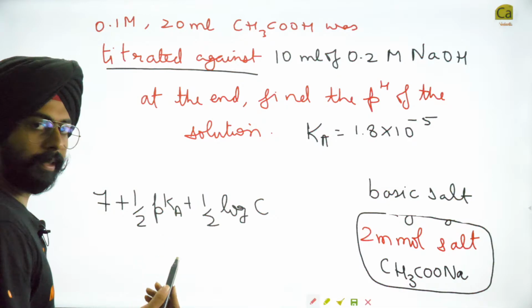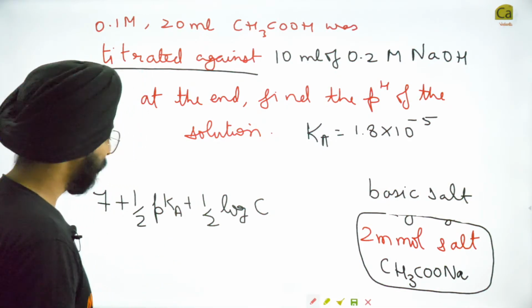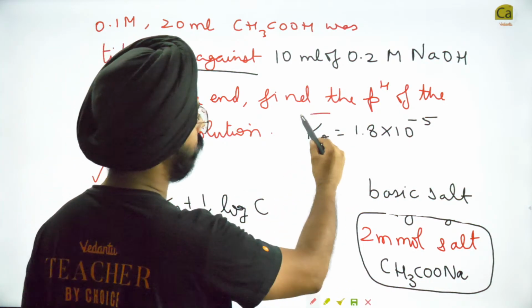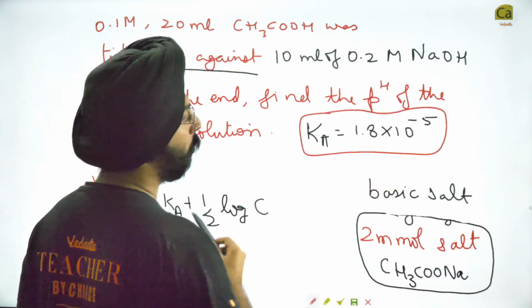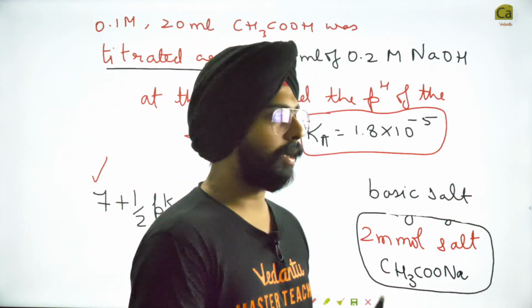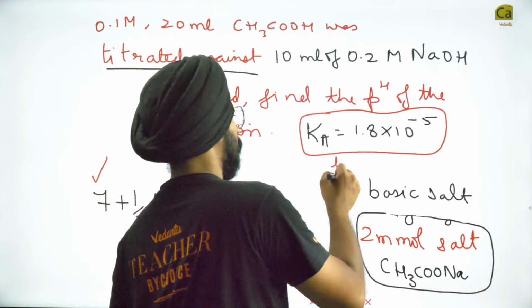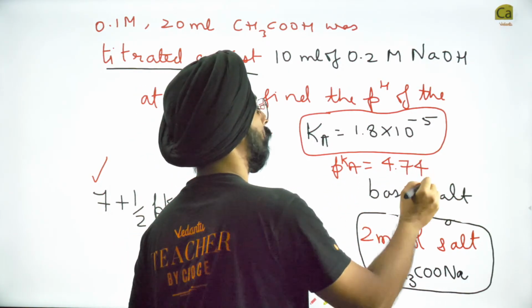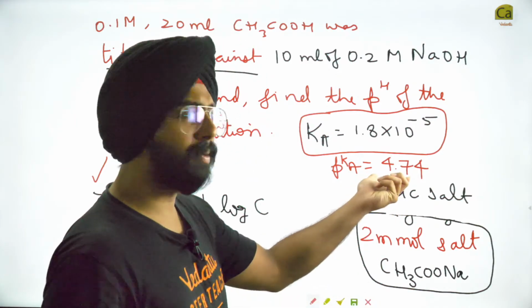The value of 7 you know, 7 is 7. The pKa value. This is the Ka. If you have been attending the classes properly, you would remember that if this is the Ka, then pKa comes out to be 4.74. Just 2 days back we used this value.